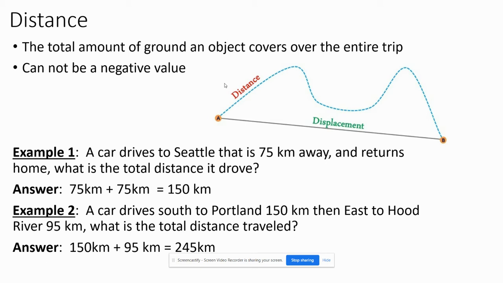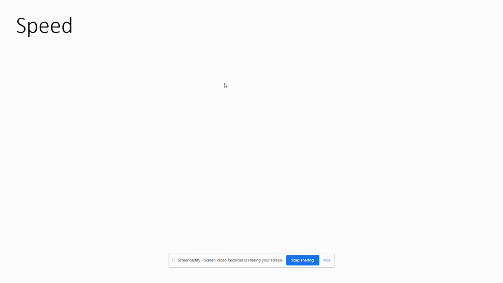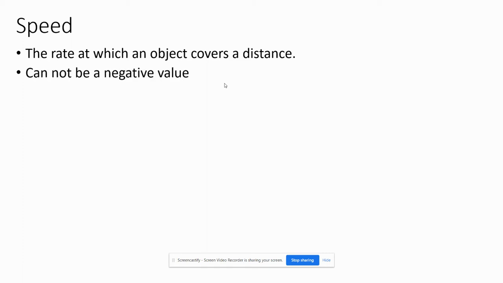Okay, so we're going to associate distance with speed. Speed goes along with distance. So when we're calculating speed, we use the distance that the object traveled. The definition of speed is the rate at which an object covers a distance. So remember, when we're talking rate, in this case, it has to involve a time. So we need to know that there is a time that it takes to cover a distance.